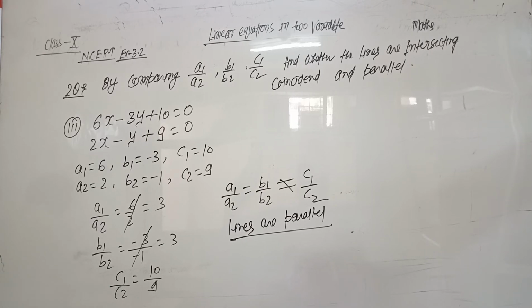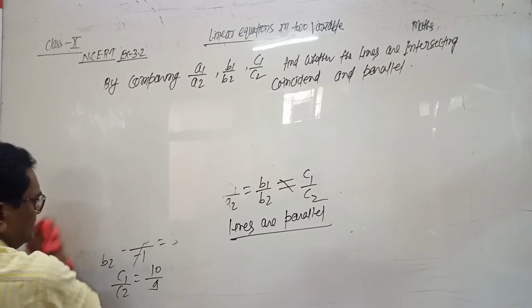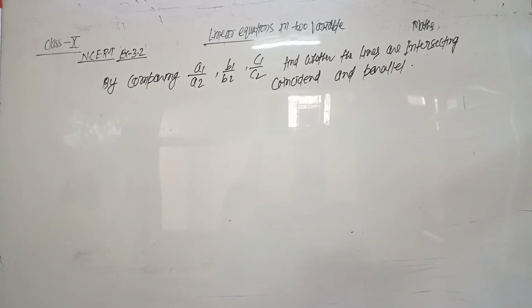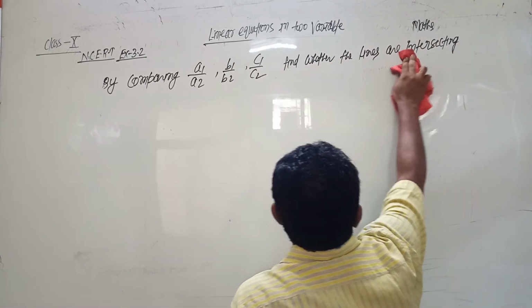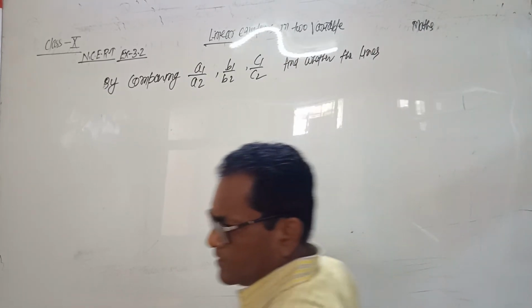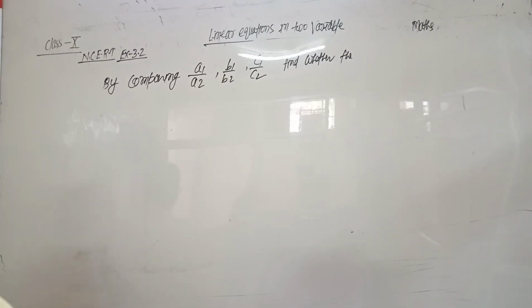Now in question number 3, by comparing a1 by a2, b1 by b2, c1 by c2, find whether the equations are consistent or inconsistent.